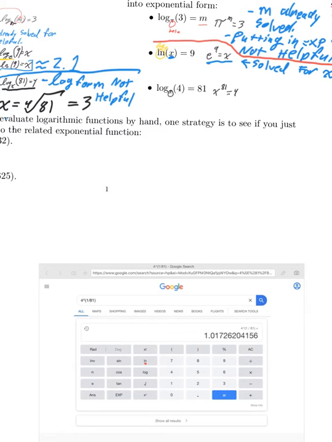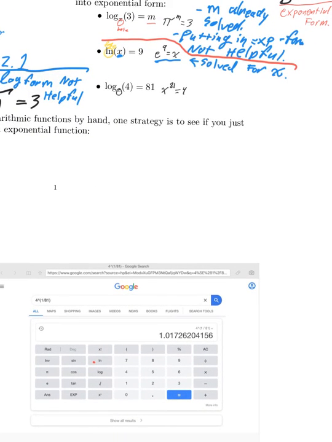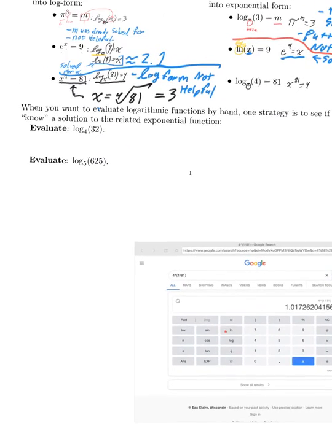We get something that's around 1, which is not surprising. It is approximately 1.02. Okay, well, nothing is going sideways, so that's good.